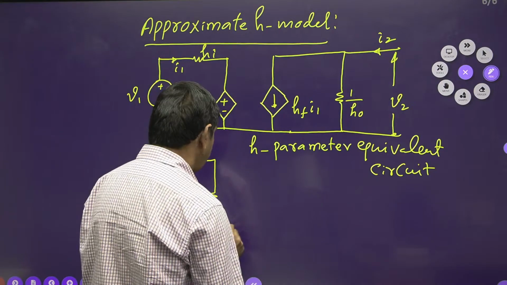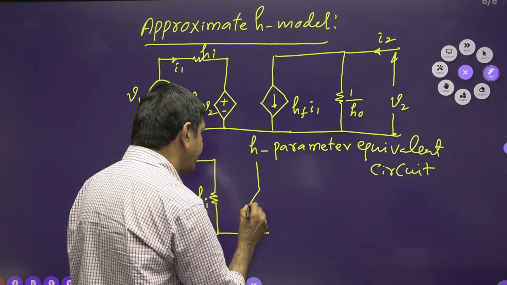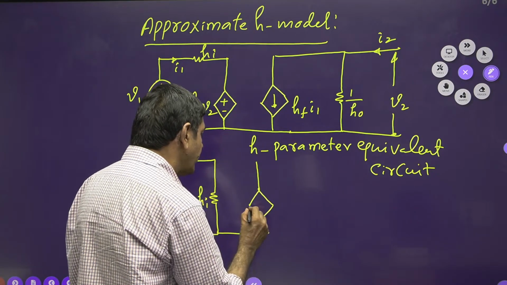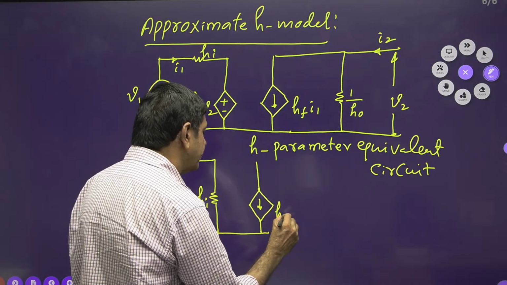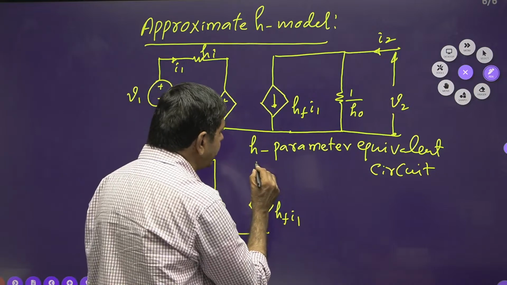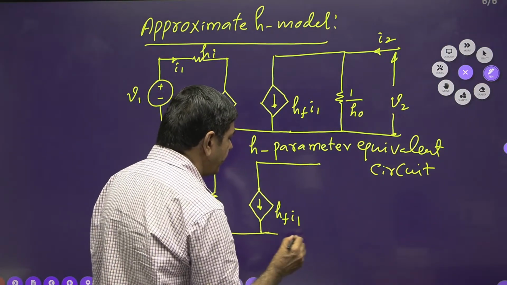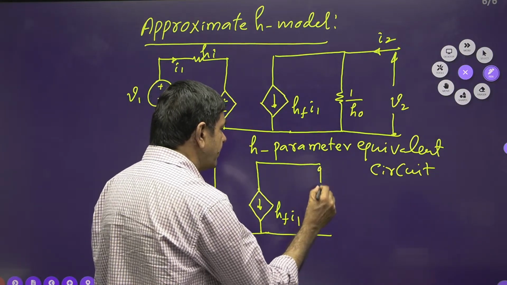So I can draw this diagram like this. This current source is existing. This is the dependent source, taken as HF into I1. And the resistance is very large, so it acts as an open circuit. Finally, we have this network, and this voltage we can have here.